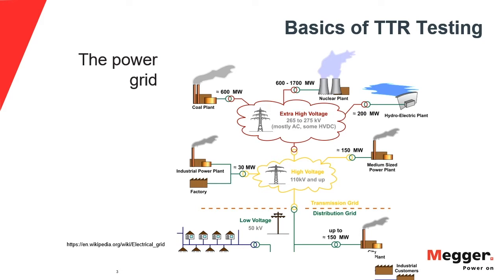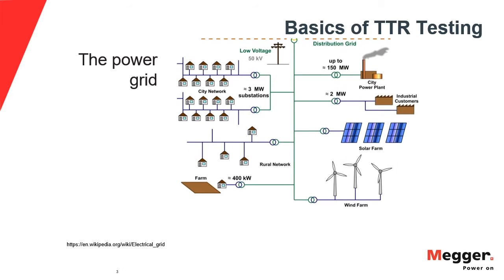Starting from generation, I will start seeing transformers right away to be able to transmit that energy, and then when we reach industrial customers and then lower voltages, like consumers in a city, for example, we need transformers all along the system. So we will see obviously different kinds of transformers, but again, throughout the whole power grid. So obviously making sure that these elements of our system are in good condition is of paramount importance.